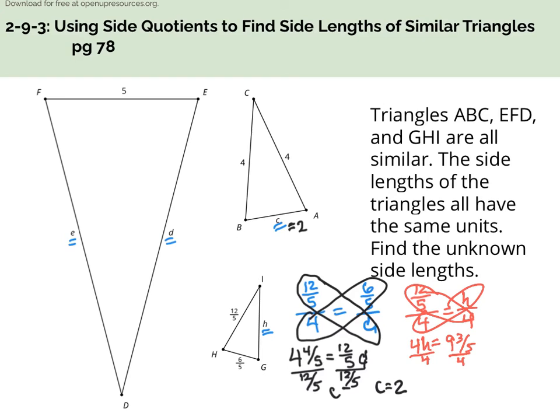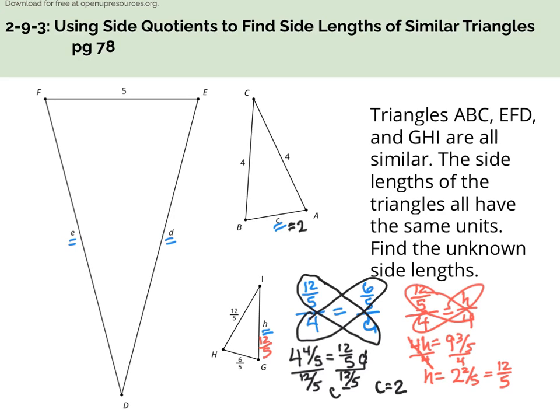And make sure you simplify your answer all the way down. And so h, because 4 divided by 4 is 1, h is 2 and 2/5. This is also known as 12/5. So our h is going to be 12/5.